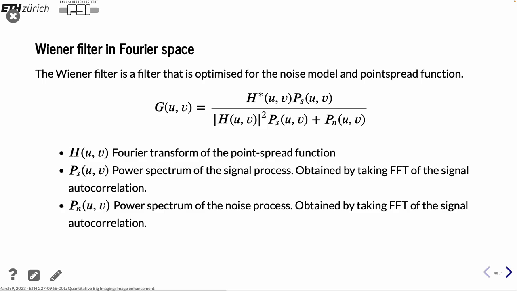One thing is we can tune the filter to the power spectrum of the noise and the image. With that, we can obtain an optimal filter for the noise conditions and for the image itself. This can even be used for deconvolution. Deconvolution is the process when you try to take out the blurring effect from the image.